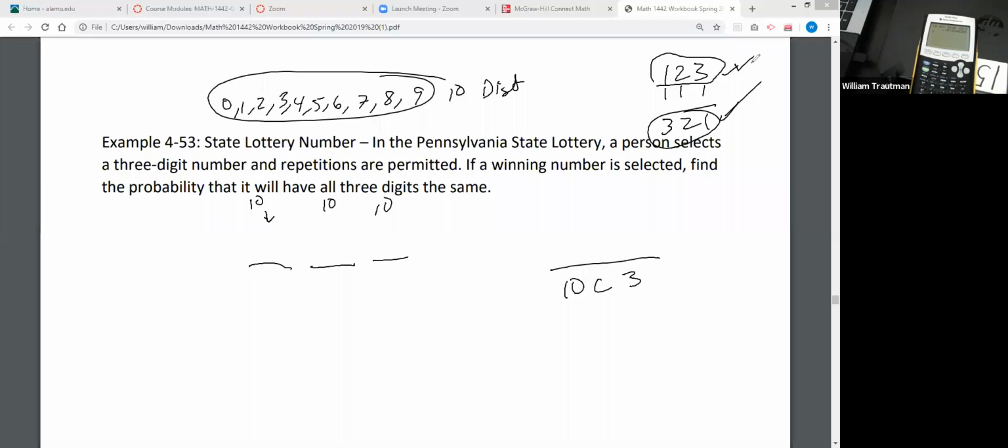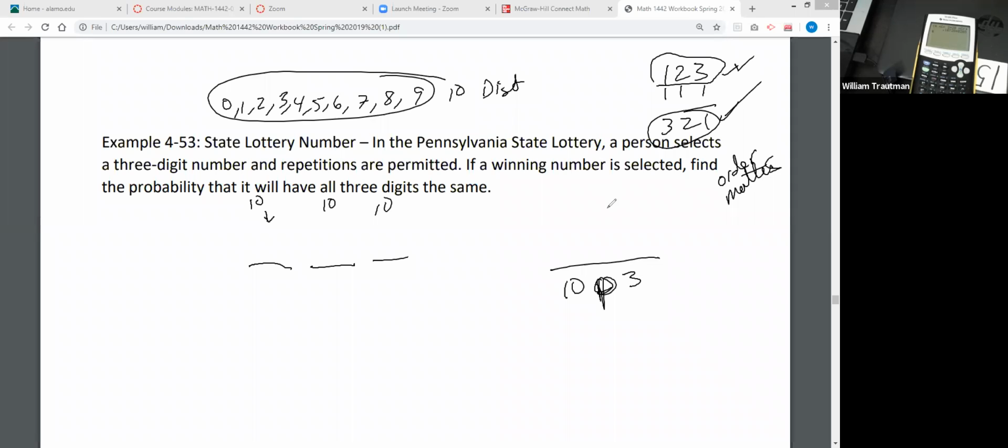I think the order matters here. If I pick 123, that's different from 321 in this particular case, because they're just talking about a 3-digit number. That's just talking about balls they pick out. So this is a permutation because the order matters. So this is 10P3 on the bottom.